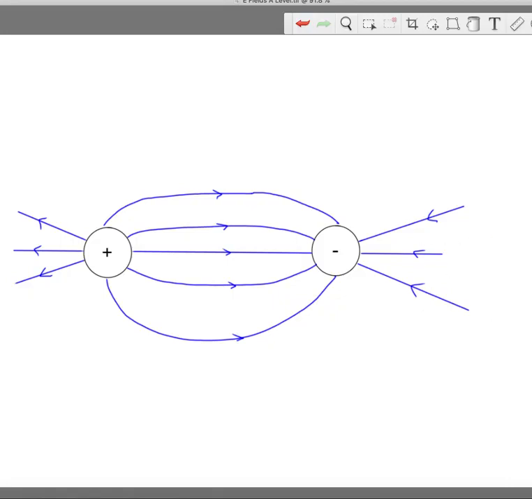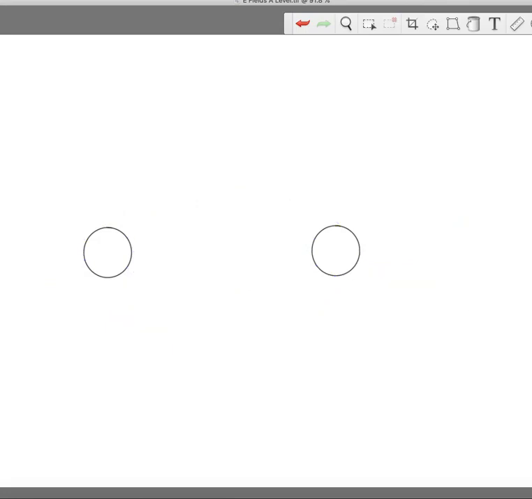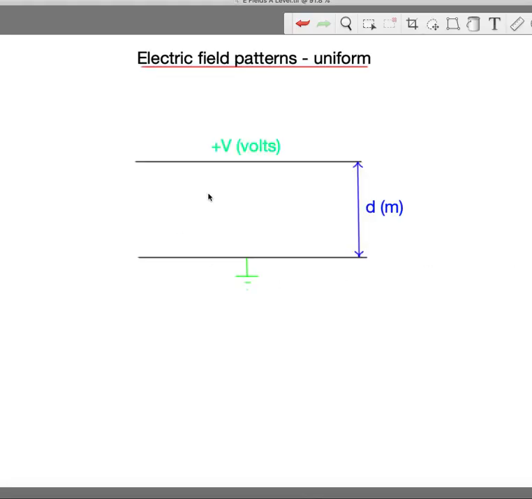Let's look then at uniform fields. Having looked at the field patterns around spheres isolated and spheres together, let's look at uniform fields then. So here we have two parallel conductors. The bottom one I have chosen to be earthed, 0 volts.